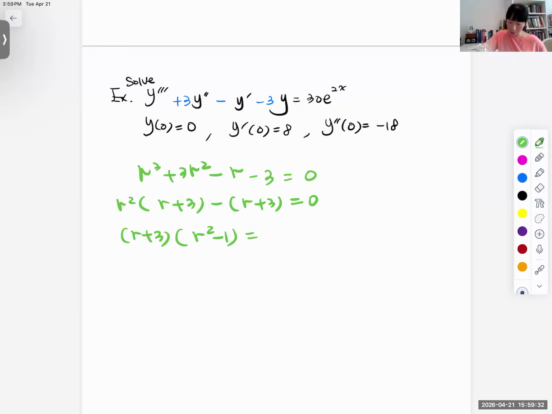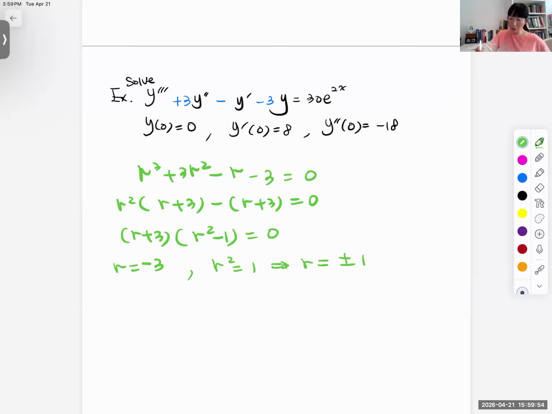Equal to 0. Now we have r equal to negative 3 for the first root, right? How about r squared equal to 1? There will be r equal to plus or minus 1, right? They are 3 real roots, right?